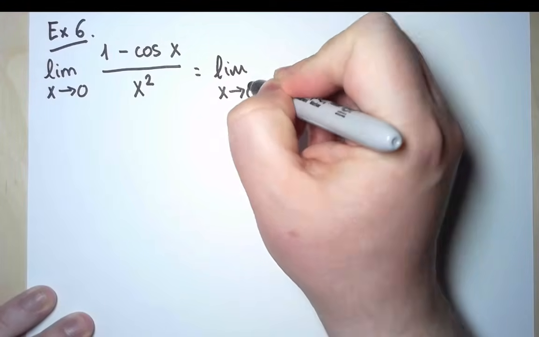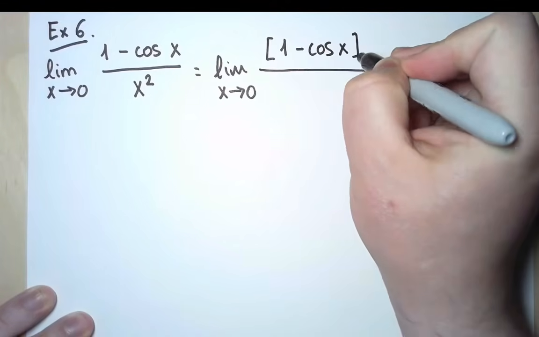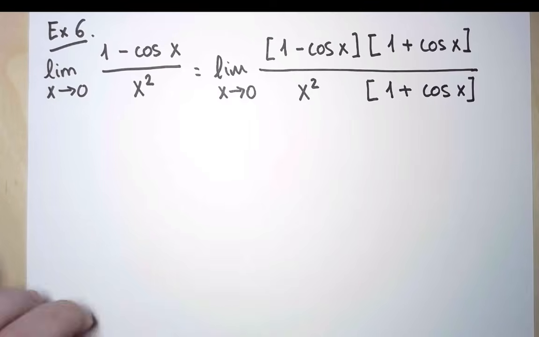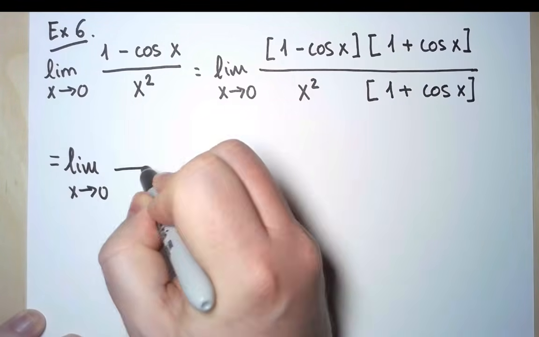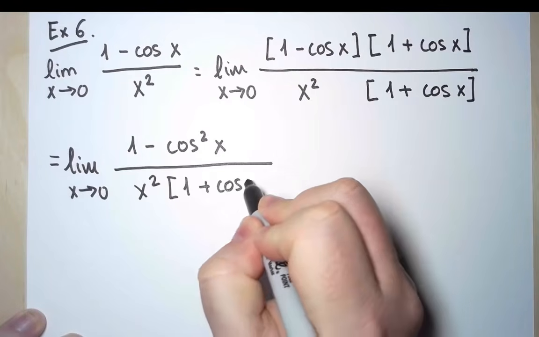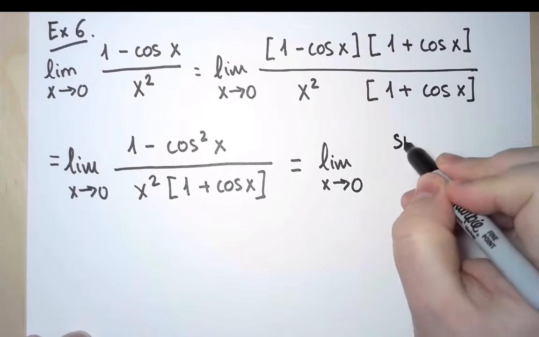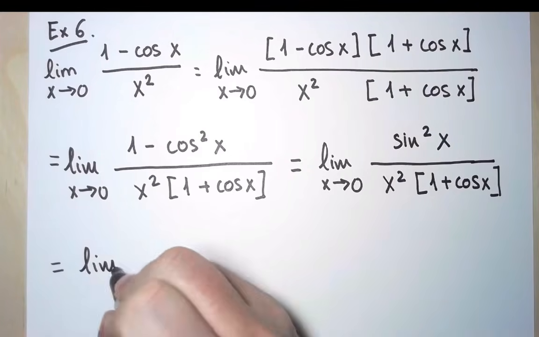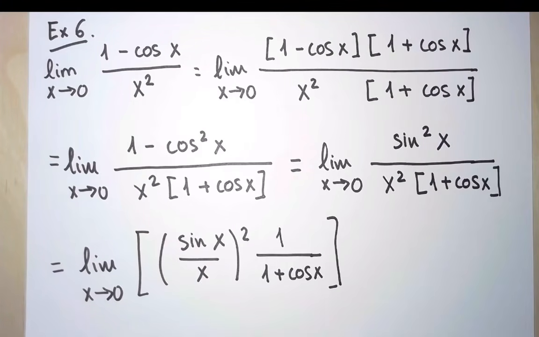The trick is to multiply and divide by sort of the conjugate, by 1 plus cosine of x. How does this help? Well, the numerator now becomes 1 minus cosine squared, which is the same as sine squared.